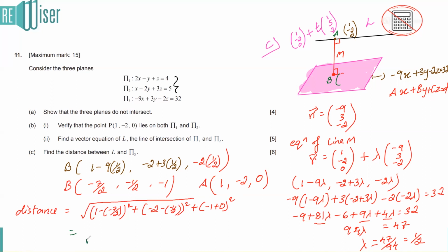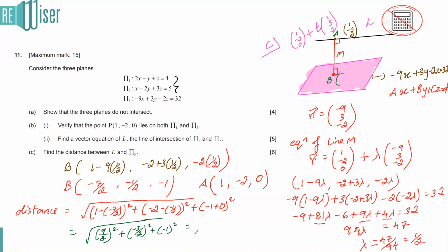So this is the square root of 1 minus of minus 7 by 2, so that's going to be 1 plus 7 by 2, which is nothing but 9 over 2, squared. Then here it's going to be minus 2 plus half, so that's minus 3 by 2 squared. And here it's just minus 1 squared.